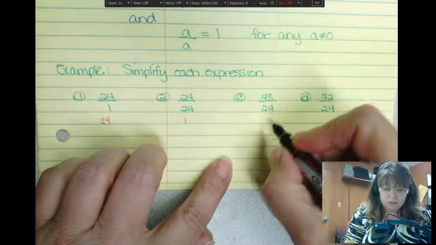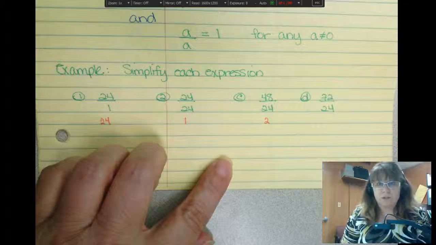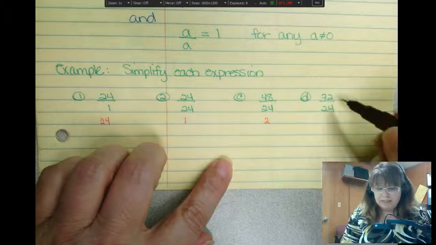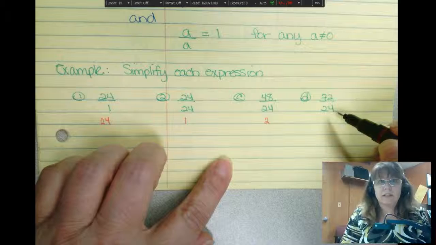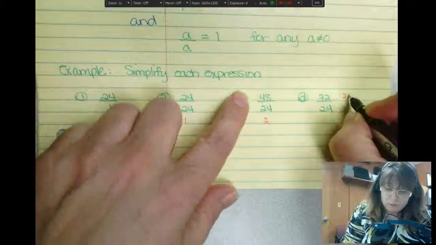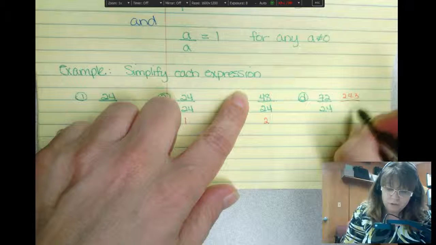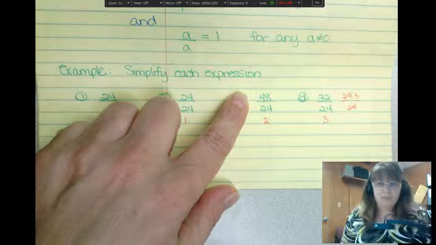So this simplifies to 2. 72 over 24. That simplifies down to, this is 24 times 3 over 24. This simplifies to 3.